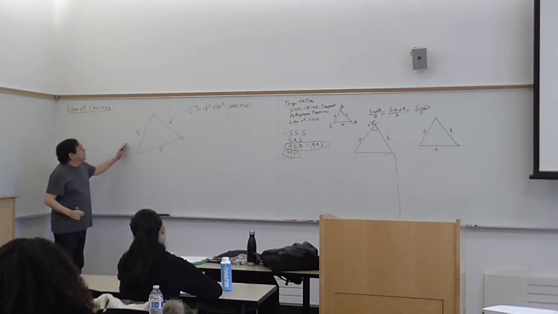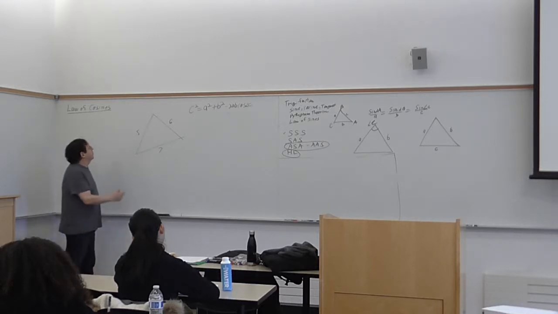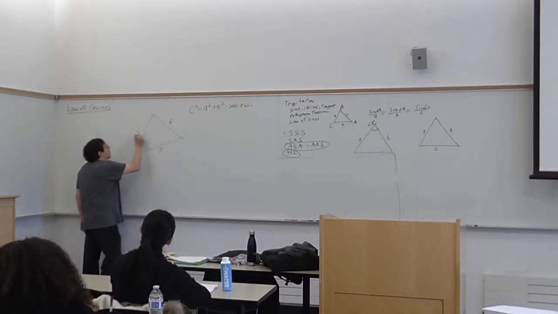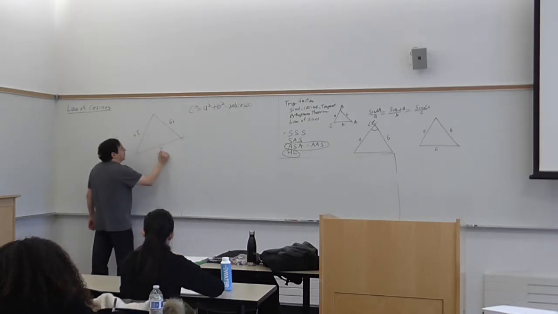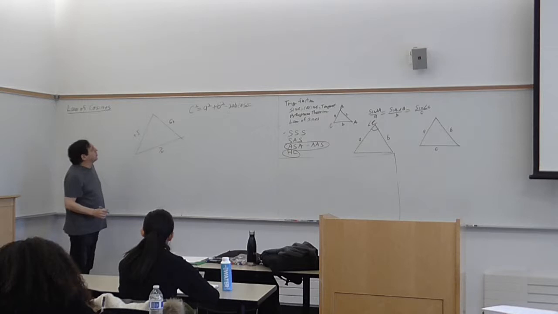I can choose either side as A, B, or C. So why don't we be a little traditional? Let's call 5 A, 6 B, 7 C, and we plug in our values.